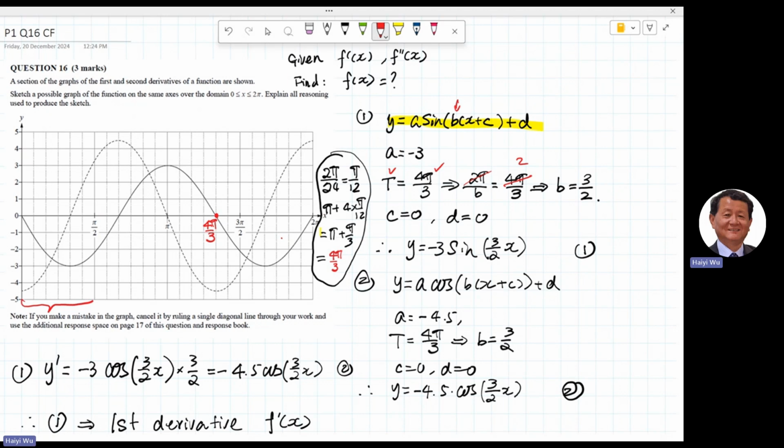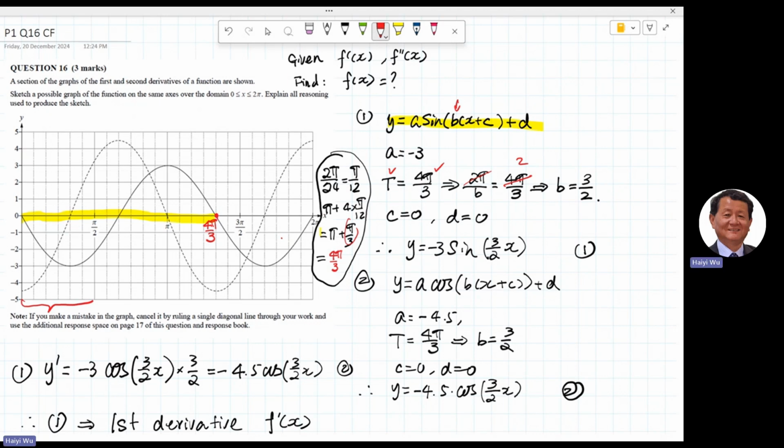So this key point is the first period, the first cycle. It stops at pi plus pi times pi over 12, so pi over 3, which is 4 pi over 3. That's how I work out the period is 4 pi over 3.